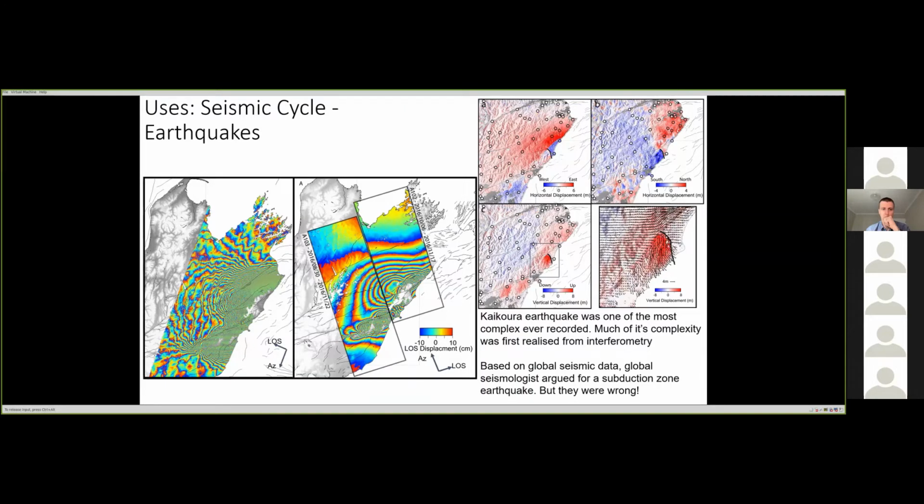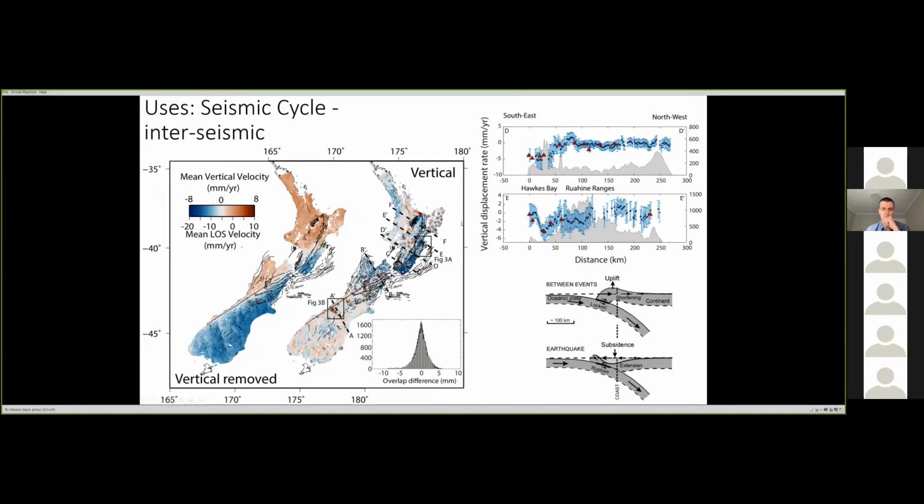What for Kaikoura was really useful is that it was the InSAR data that first pointed towards this very complex rupture, and that most of it occurred within the upper plate of New Zealand, whereas global seismologists were arguing that it was a result of a subduction event like we've seen in Japan in 2011. But actually the interferometry proved them wrong.